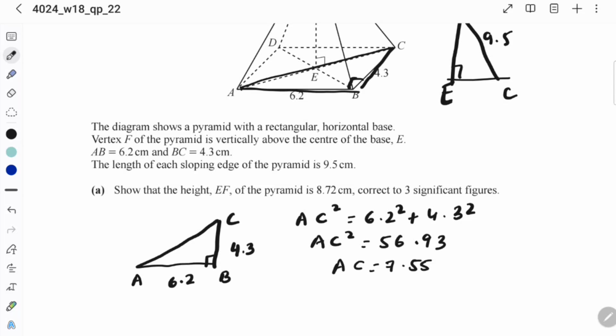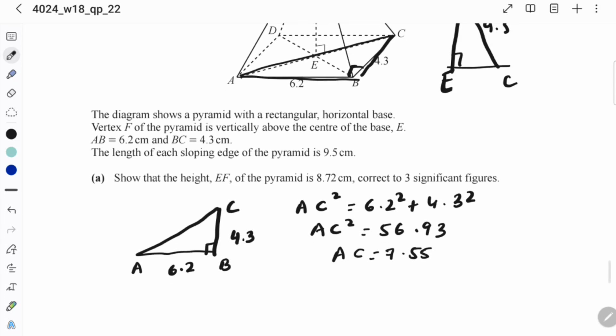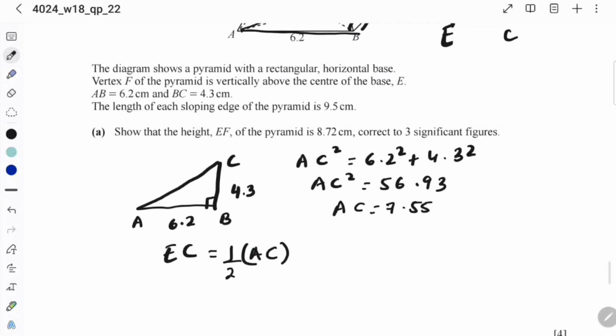Whenever you find out AC, you can easily calculate the length of the height EF, which is required in the question. So EC will be equal to half of AC, and AC is equal to 7.55.